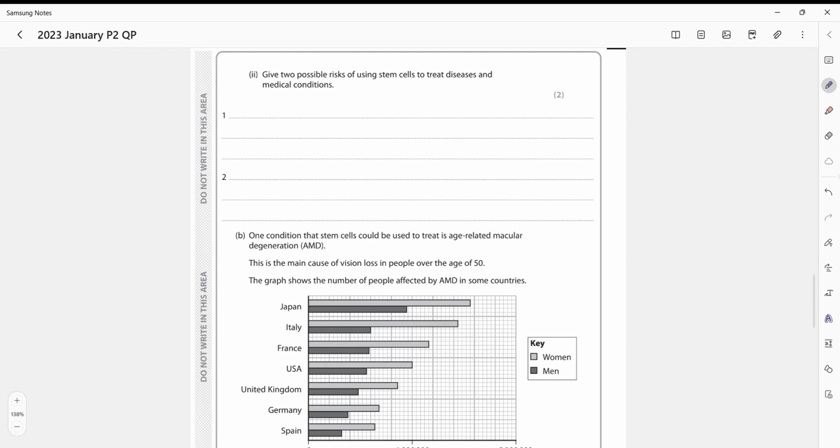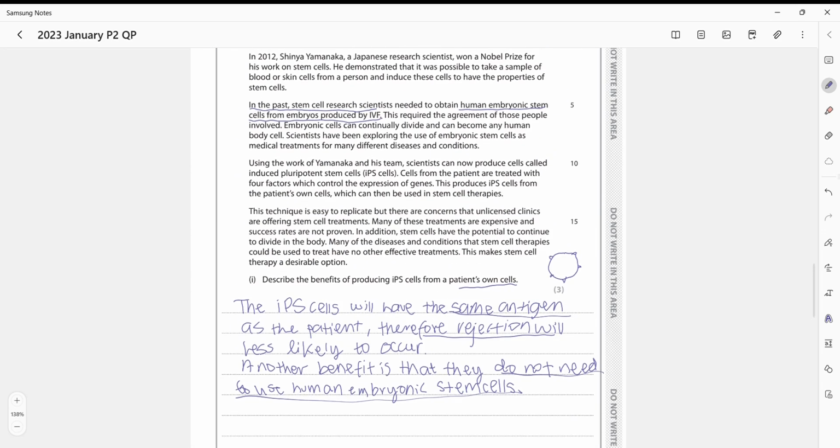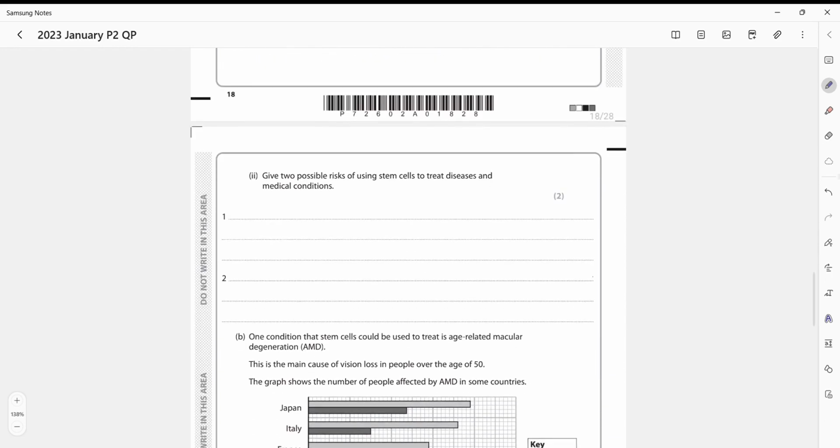Give 2 possible risks for using stem cells to treat diseases and medical conditions. Let's go back up and see if we have any information we can use. If you look at the last paragraph, it says this technique is easy to replicate, but there are concerns that unlicensed clinics are offering stem cell treatments. So that's probably one possible risk.